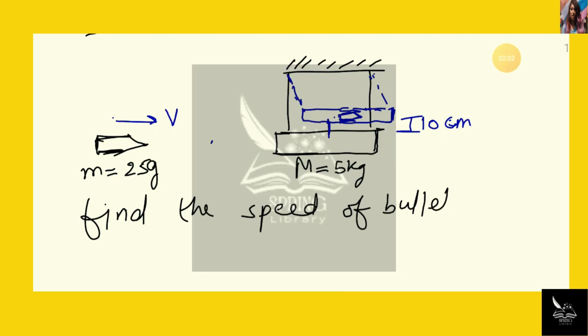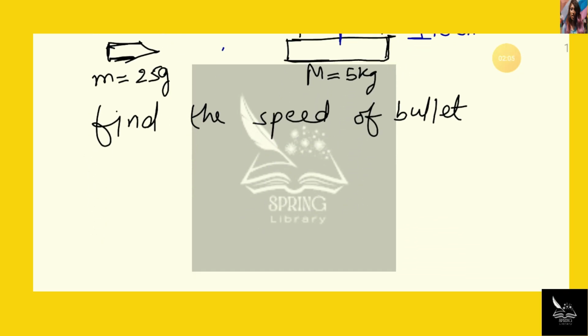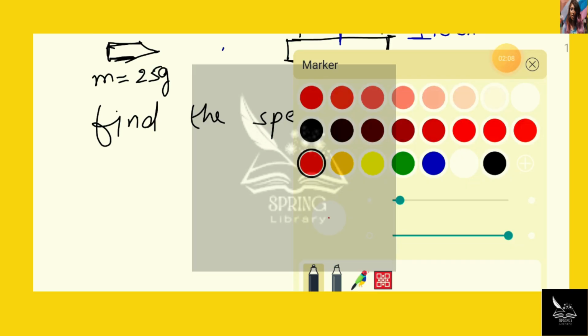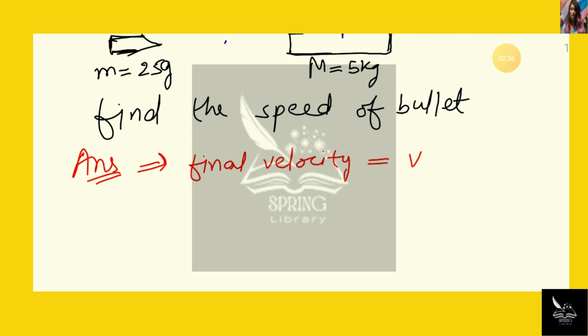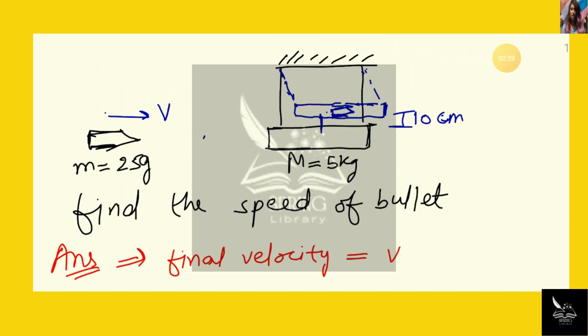Now let's start answering the given question. Consider the final velocity is v. This velocity is final, that means after collision the bullet clings with the ballistic pendulum.